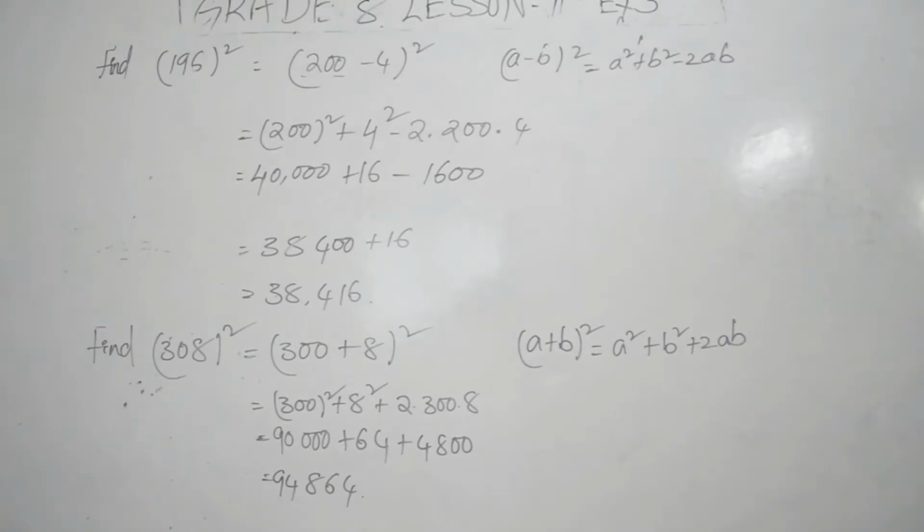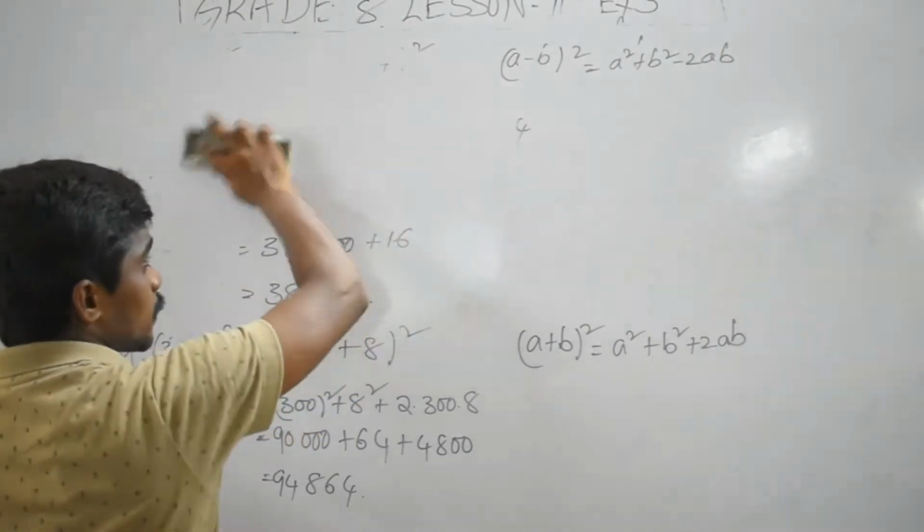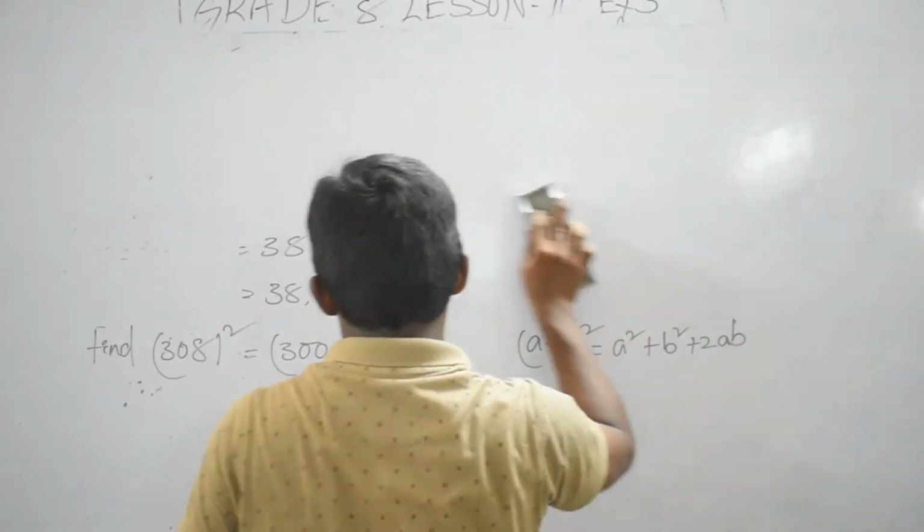Now with all these example problems, there are 15 or 14 problems given. I just said 3 or 5 problems. The remaining problems you observe at home and try to understand. So now we will go to the exercise.